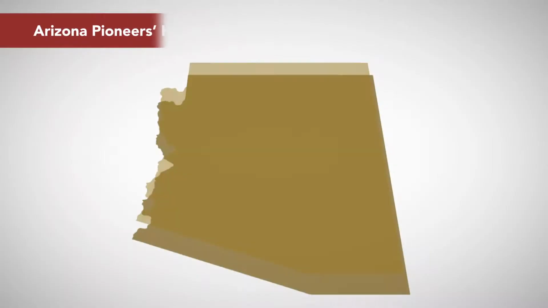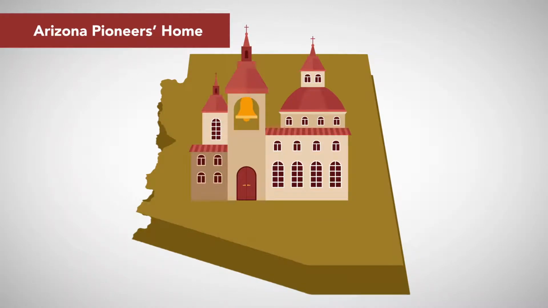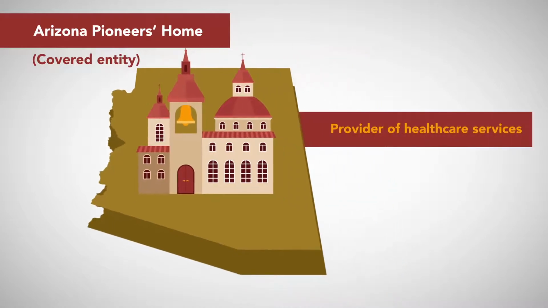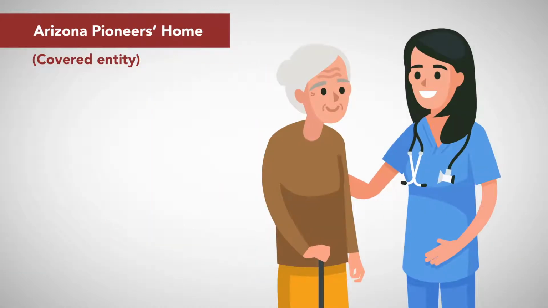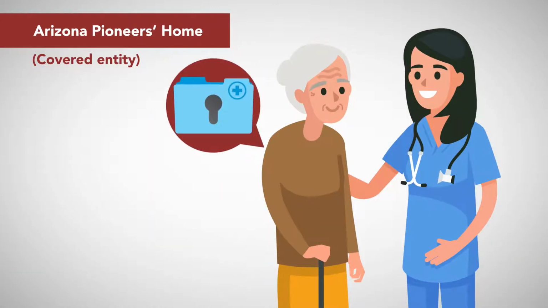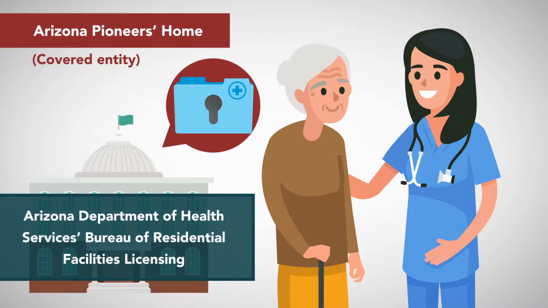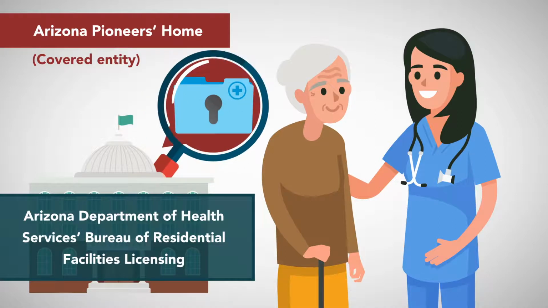For example, Arizona Pioneers Home, a well-known retirement community based in northern Arizona, is a covered entity under HIPAA because it is a provider of healthcare services and transmitter of health information. It must respect each resident's privacy, but it may disclose residents' protected health information to the Arizona Department of Health Services Bureau of Residential Facilities Licensing if that state agency is conducting an audit to ensure that the facility follows state laws regarding resident treatment.